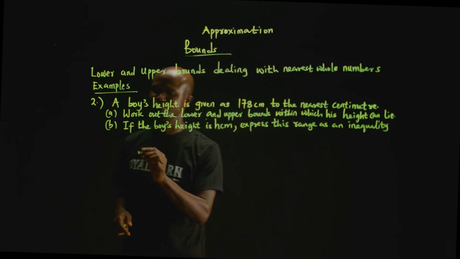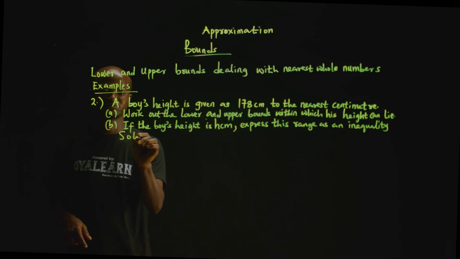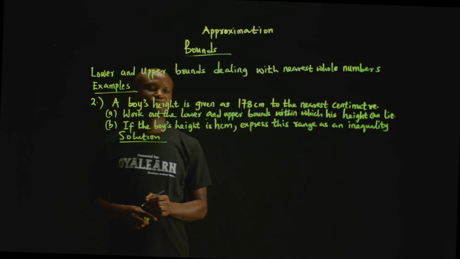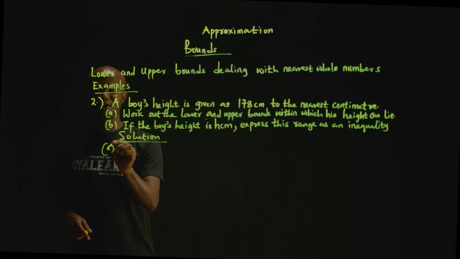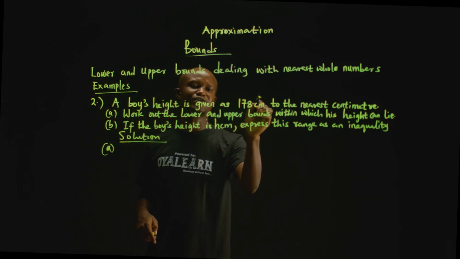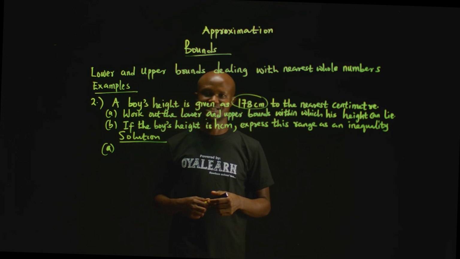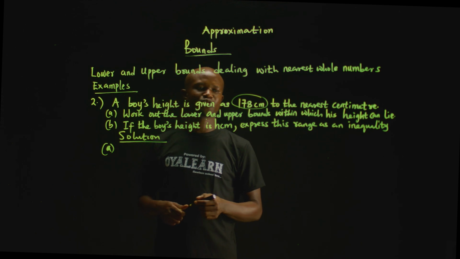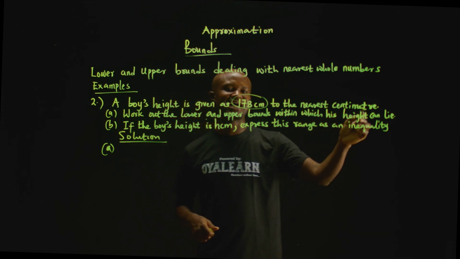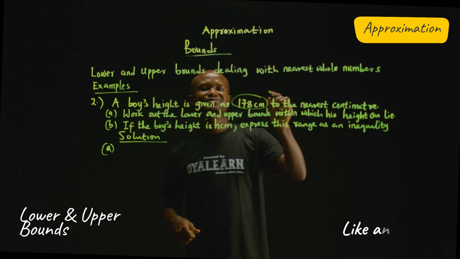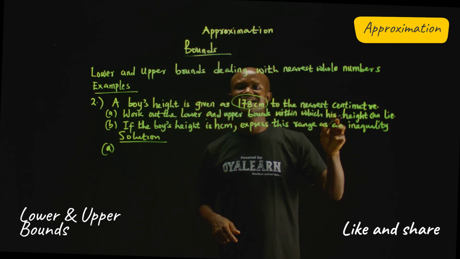Now, solution. For the first part of the problem, we're given 178 centimeter to the nearest centimeter. So in this case, to the nearest centimeter represents to the nearest whole number.